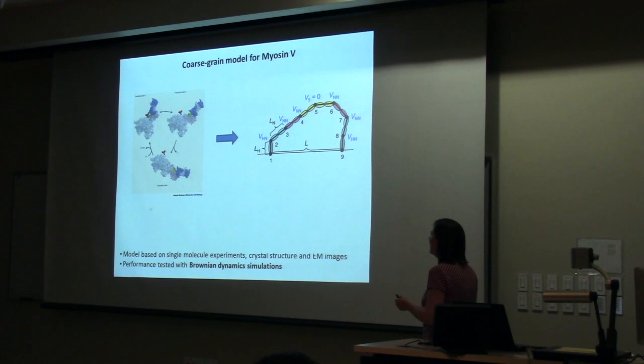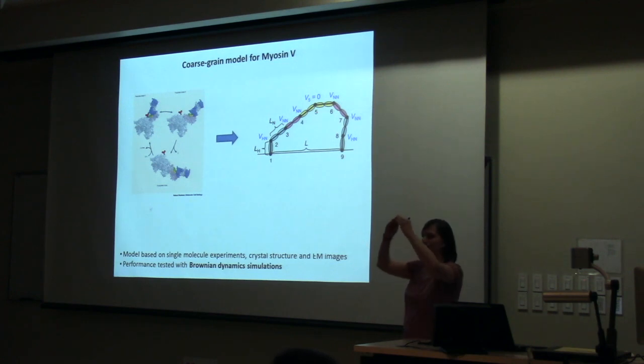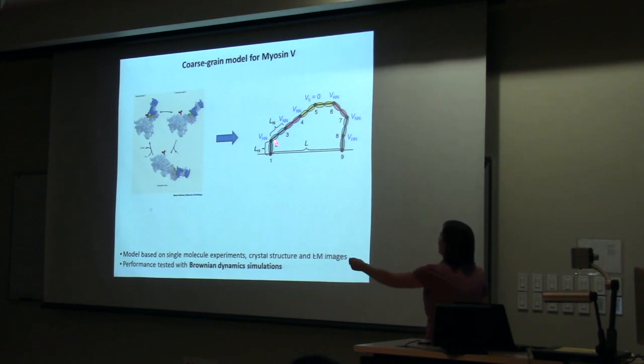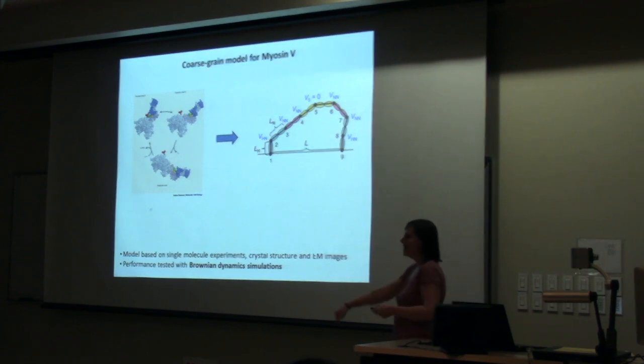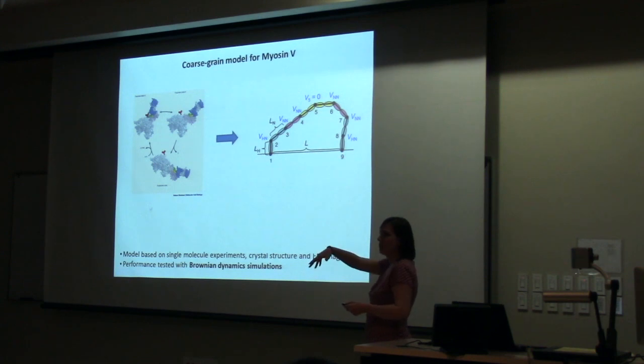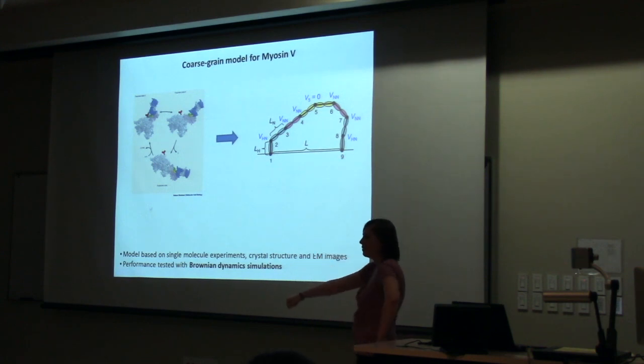So some of the basic assumptions that we made with this model are, one, we assume that these neck domains are semi-flexible. So in other words, they can bend, but there's some resistance to bending. I also assumed that these head domains bind and unbind stochastically with certain probabilities, and the probability for unbinding is going to be strain dependent.